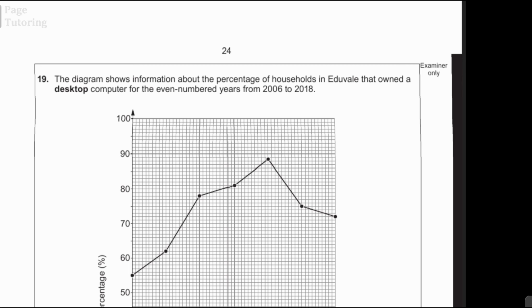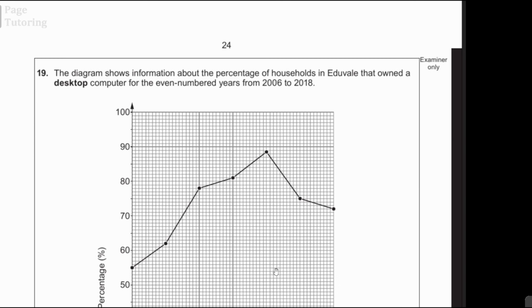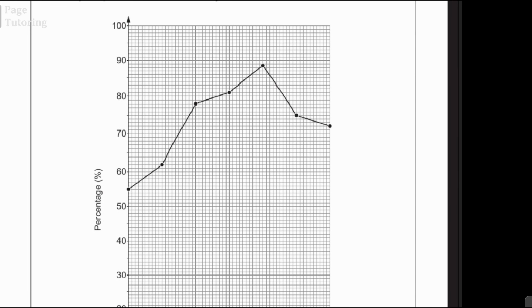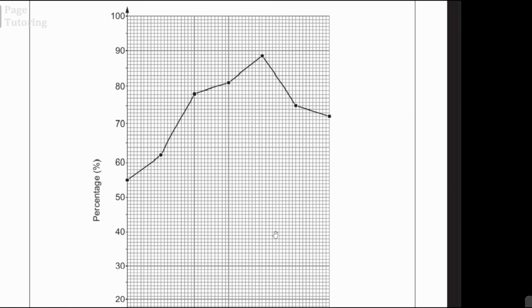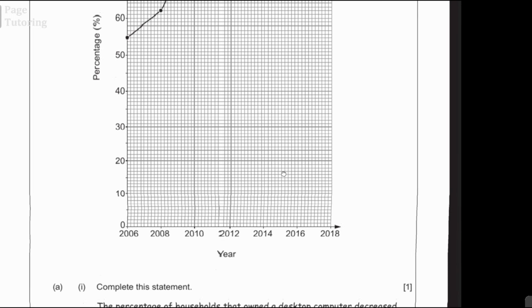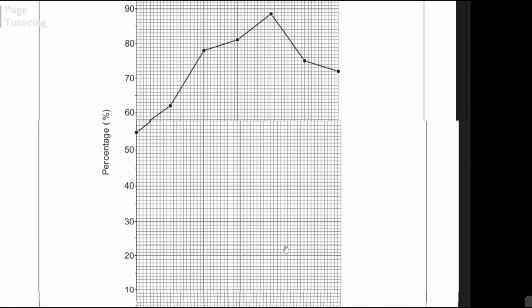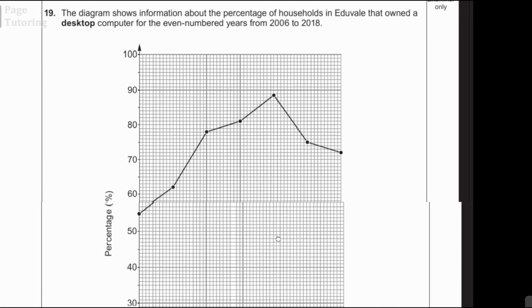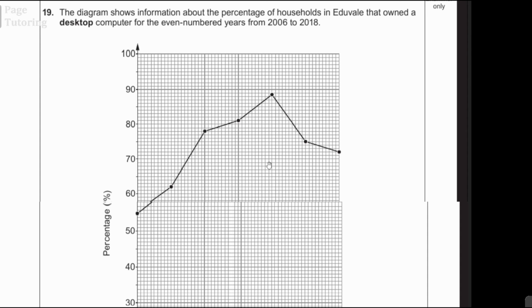But anyway, Eduvale, that owned a desktop computer for the even numbered years from 2006 to 2018. So we've got our nice graph and diagram there. On the left hand side it says percentage, and on the bottom it says year. We can see there's kind of like a positive trend, so it's going from low to high, but it's like this big bump here.